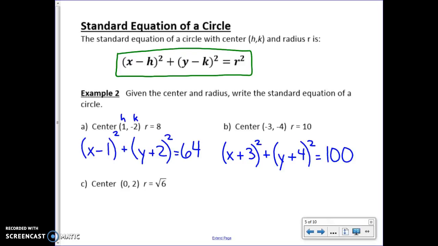For this last one, I have x minus 0 quantity squared or just x squared. Either way you write that is fine, plus y minus 2 quantity squared is equal to the square root of 6 squared. Those are opposite operations, so we end up with just 6.